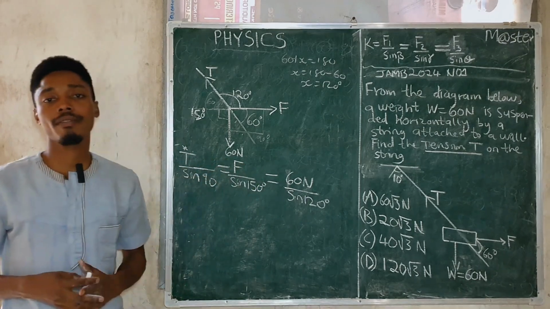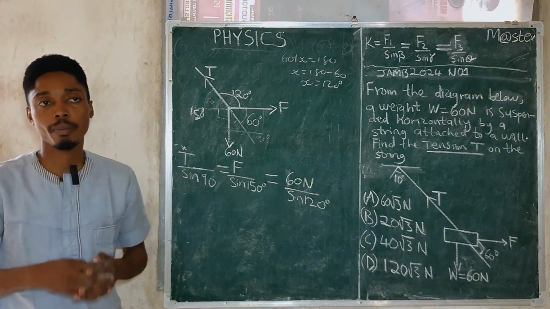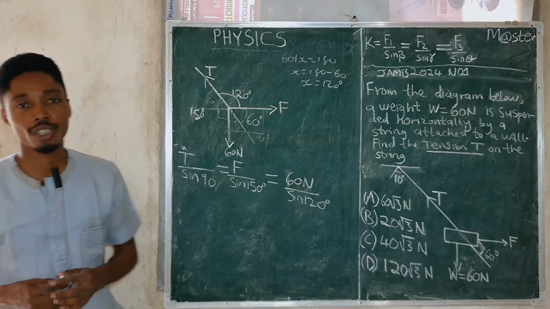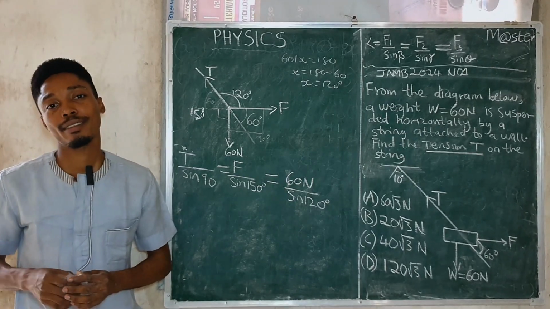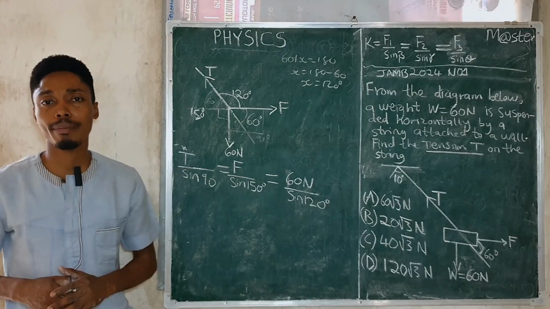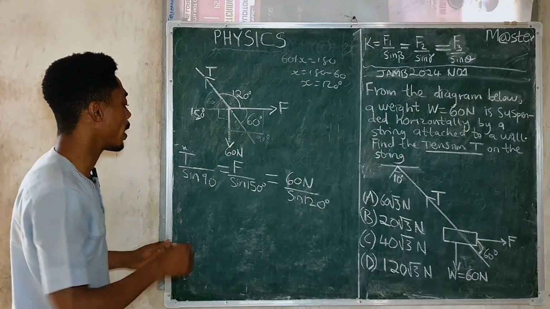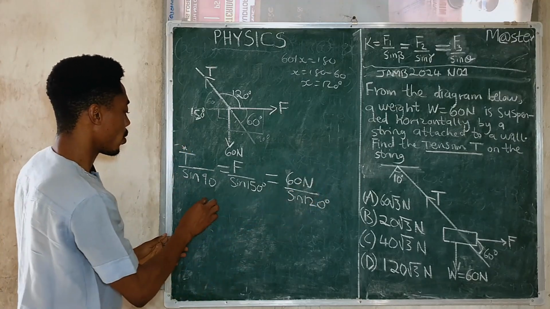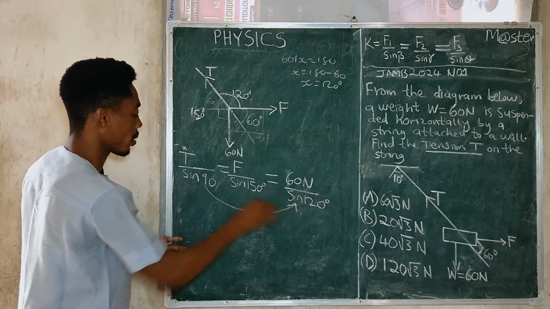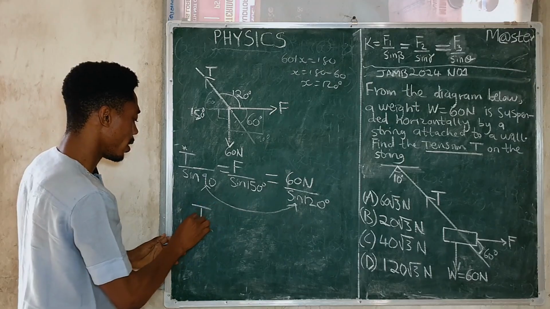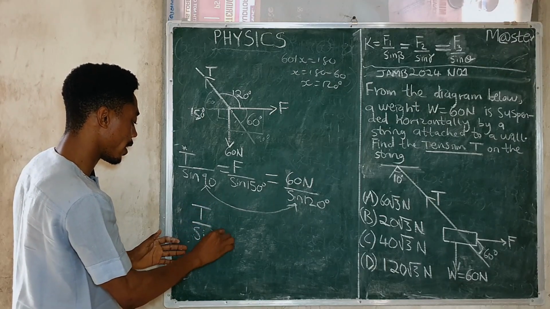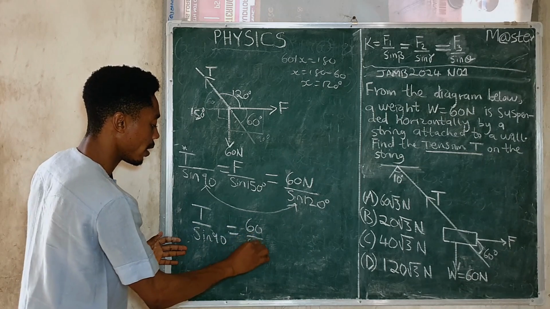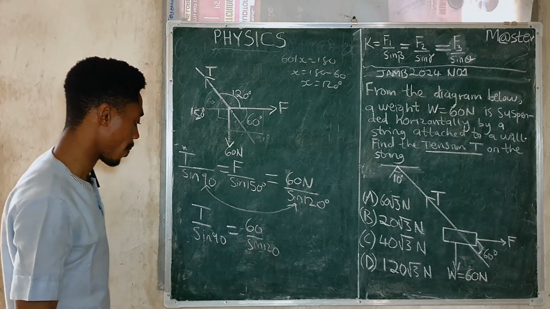But because these are objective exams, you have to look for the quickest way possible. When I say quickest way possible, I'm not talking about the shortcut that will hook you and then you get frustrated. No, that's not what I mean. The wise student will quickly discover that we can compare the first and the last. So comparing this with this, that will be T all over sine 90 equals 60 all over sine 120.